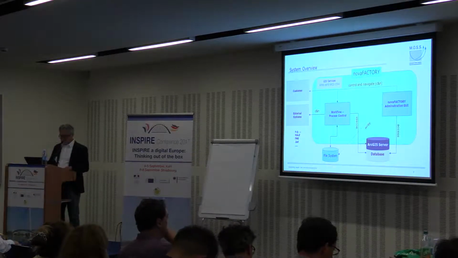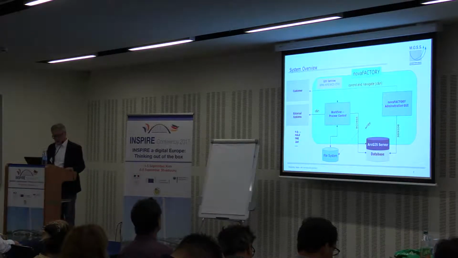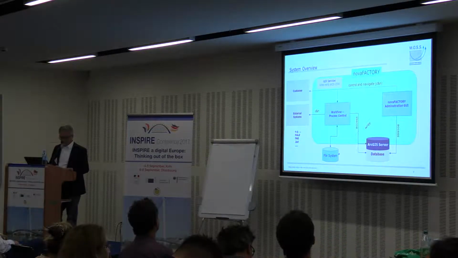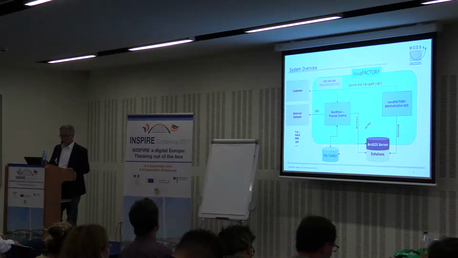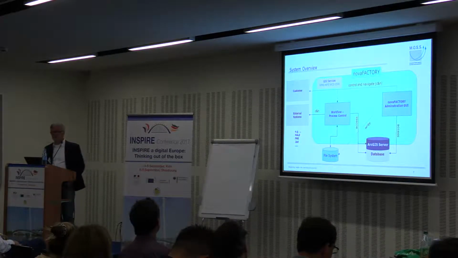There are batch processing and batch monitoring, including external systems like Hail or FME. And it provides, of course, GDI services and has a variety of modules for different topics, especially for mass data processing.